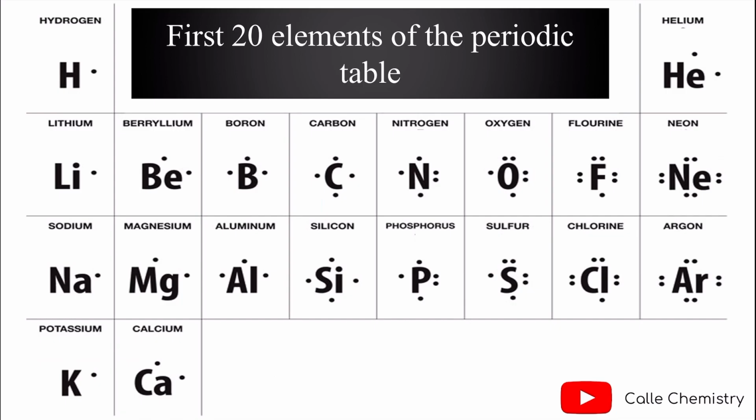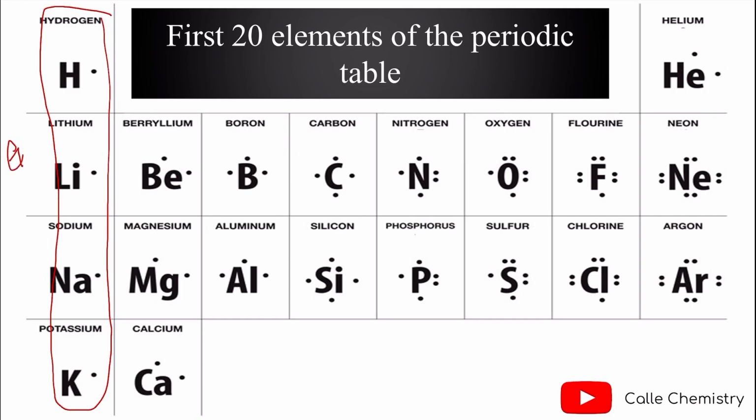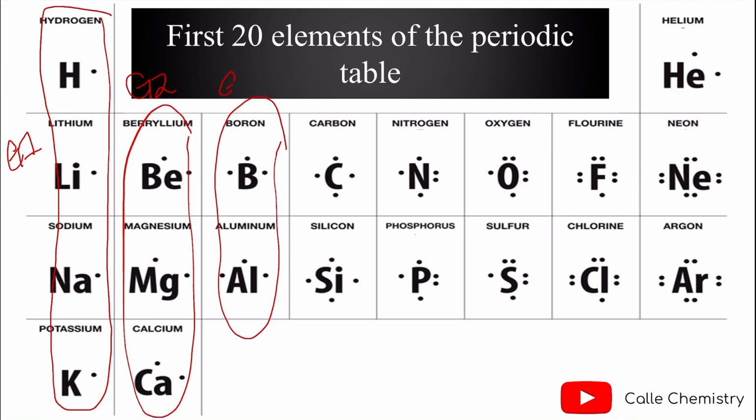Okay, so here we have the Lewis dot diagrams of the first 20 elements of the periodic table. Now, if you look closely, these are all in groups. Let's label it. This is from group 1. This is from group 2. This is from group 13.